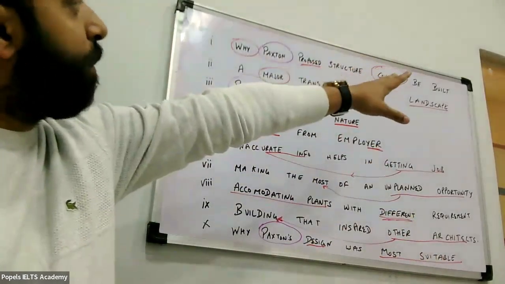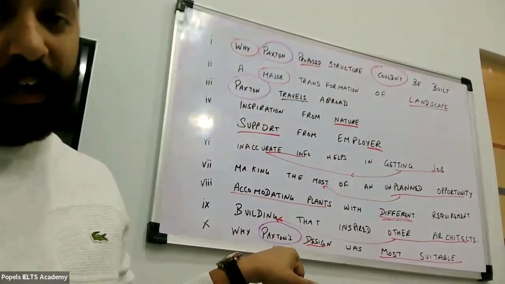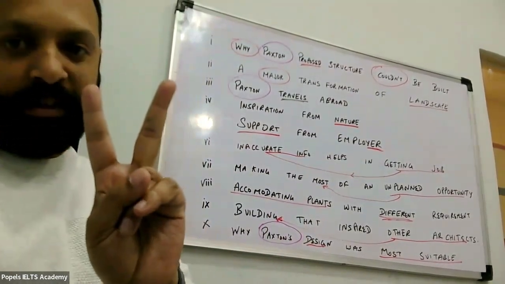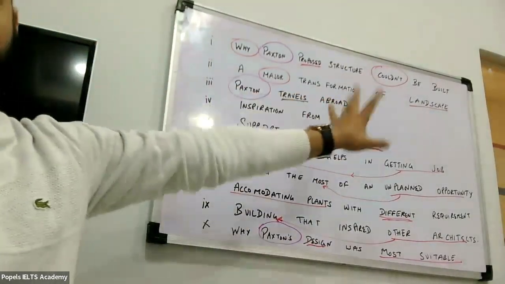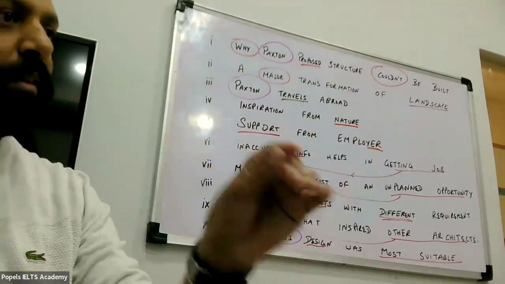Even though it was not built according to that, there is something related to the suitability of that. So Paxton's structure is related to 2 headings. Third one is Paxton travels abroad, about his travel. These are the 3 words related to Paxton.